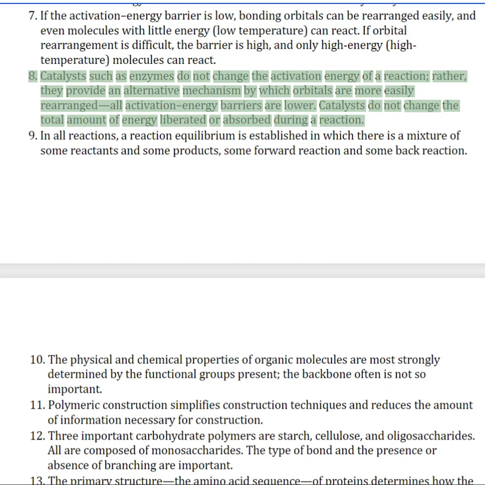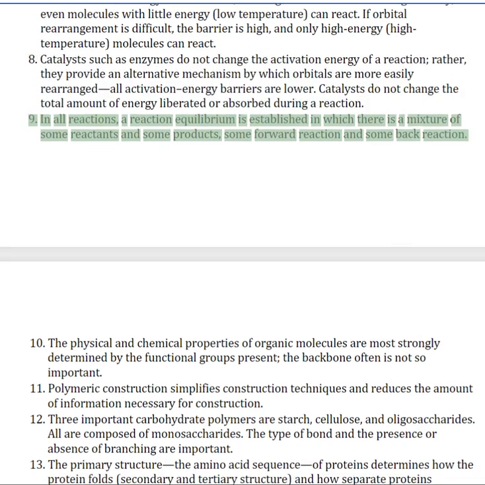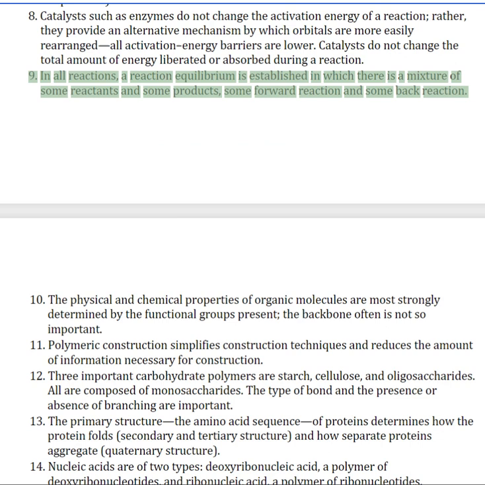All activation energy barriers are lower. Catalysts do not change the total amount of energy liberated or absorbed during a reaction. 9. In all reactions, a reaction equilibrium is established in which there is a mixture of some reactants and some products, some forward reaction and some back reaction.